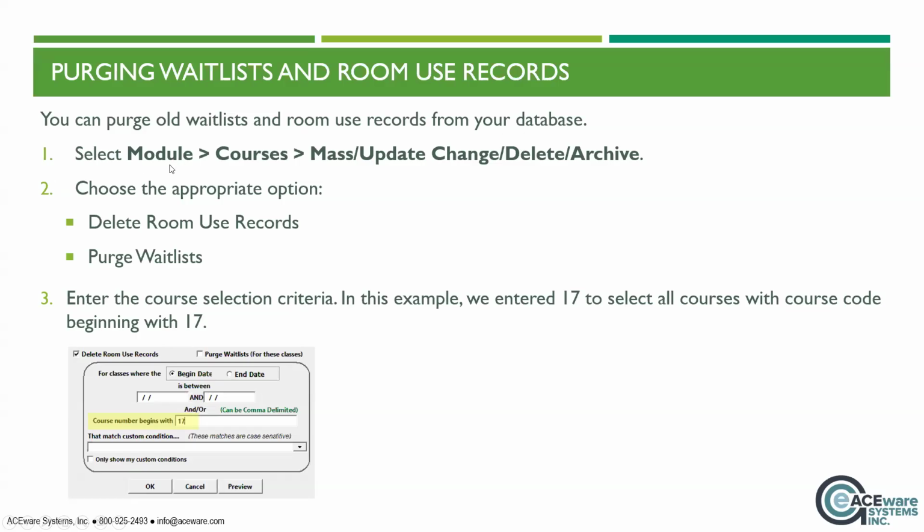Going into this courses mass change, delete, archive will let you delete room use records and purge waitlists as part of the selections.